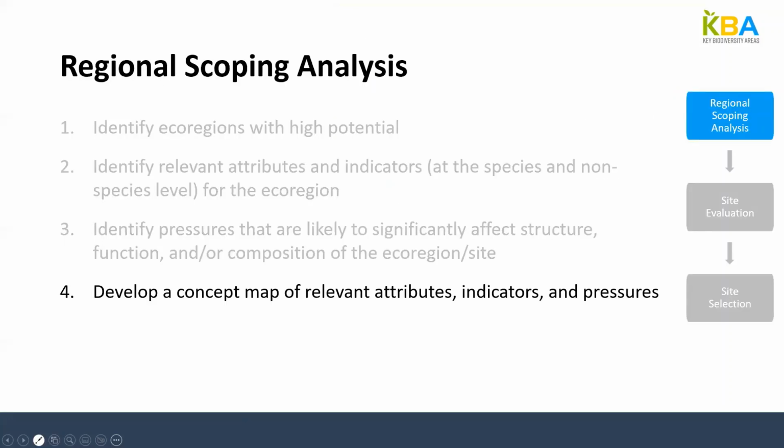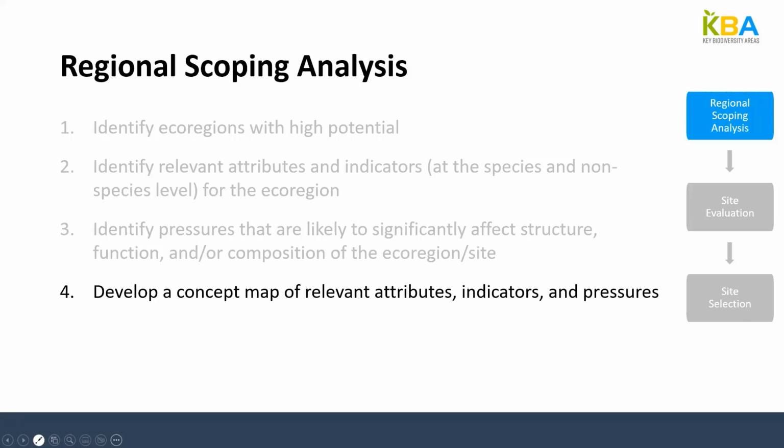So after you've identified the relevant attributes and indicators of ecological integrity and the indicators of pressures at the site, you may need to develop a concept map that illustrates the relationships between the various attributes and indicators.